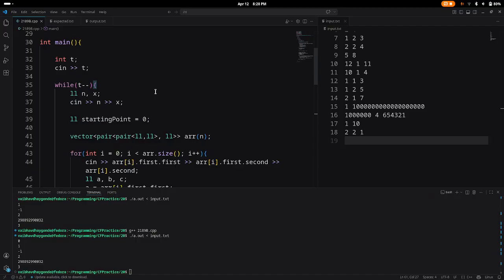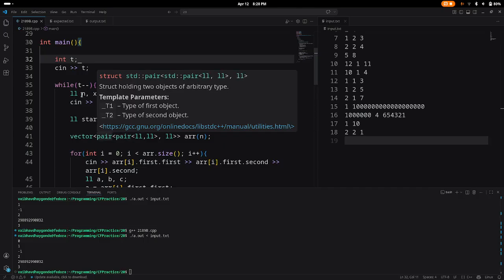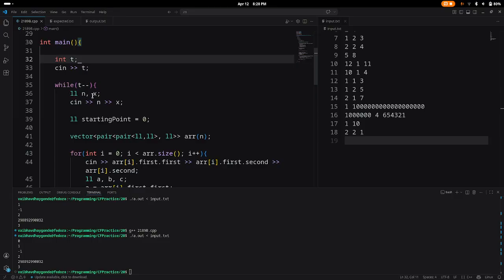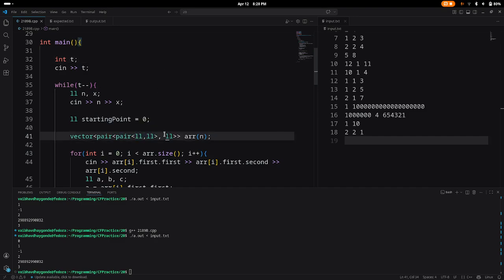So first of all, I'm taking the input for n and x. Then I'm initiating the starting point as 0. Then I'm creating a vector of pair of integers and an integer. The first pair consists of a and b, and the second element of the pair consists of c.